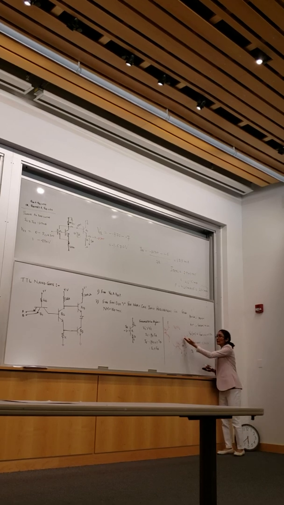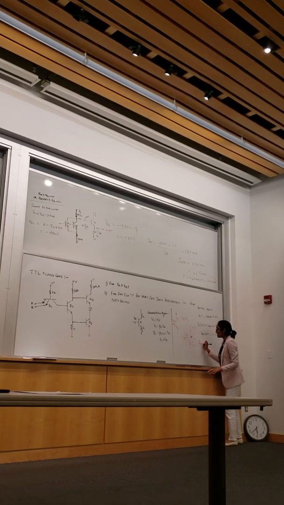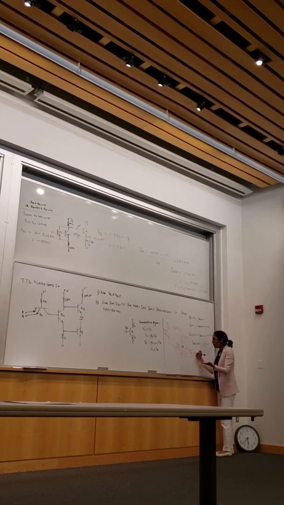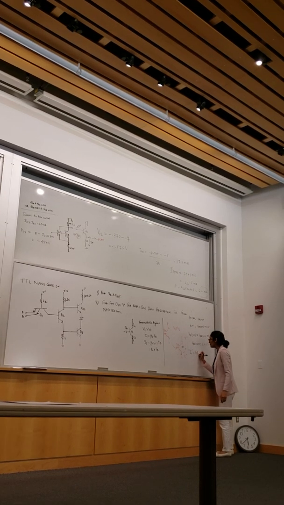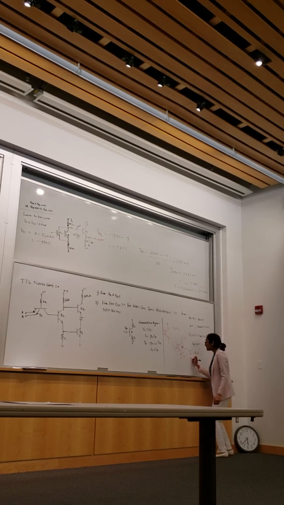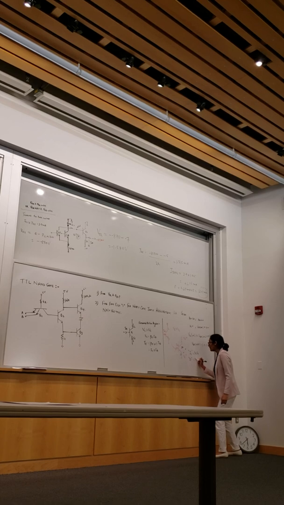Because now this is your collector, this is your emitter. So when you delete the old designation, now it's clear to you this is IC, which is related to IB through beta R. So what is this IC now? Beta R IB. And what is IE? Beta R plus 1, IB.